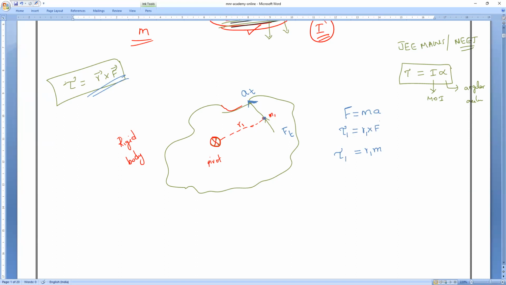Now, in place of F, what can I write? F equals MA, and here the mass is the small mass m1. So can I write m1 into a?